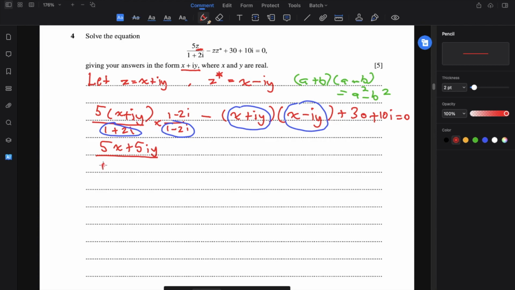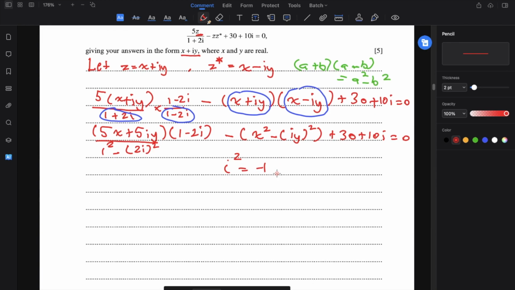So it's 1 square minus 2i whole square, and on the top is obviously going to be multiplied by 1 minus 2i, and then we put this, so it's x square minus iy whole square plus 30 plus 10i. What we have to keep in mind here is that i square is equal to minus 1.